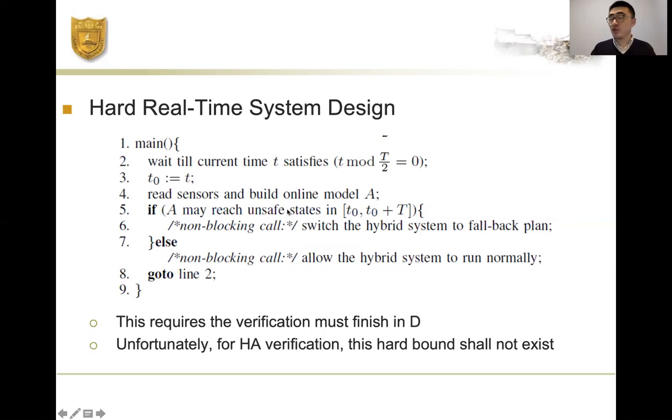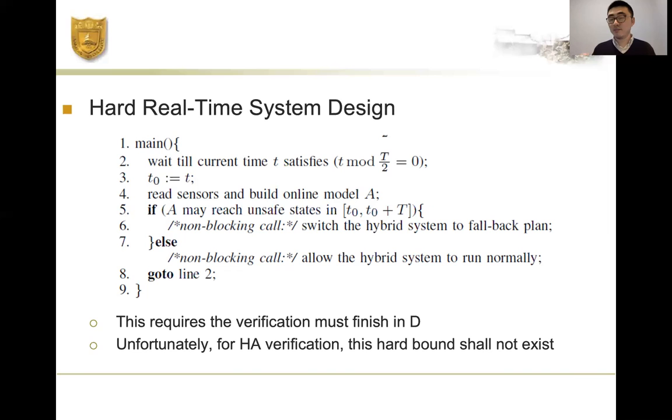If A may reach unsafe states in the range T0 to T0 plus T, then we switch the hardware system to the fallback plan, which means we have finished the verification and we know it's unsafe. Then you call the fallback plan. Otherwise, we allow the system to run normally.